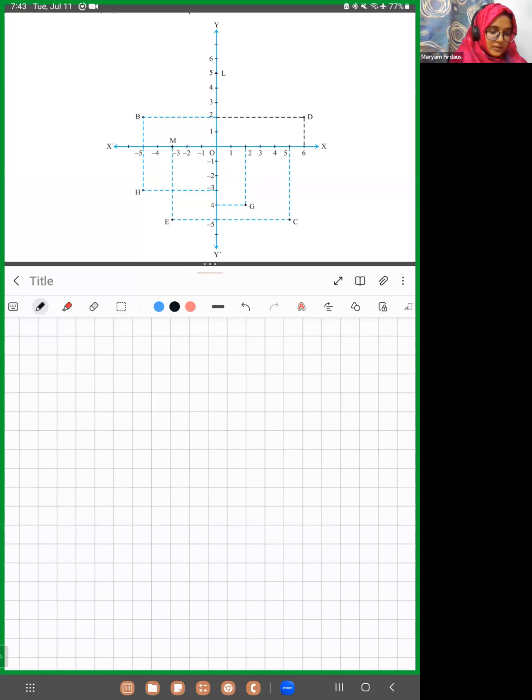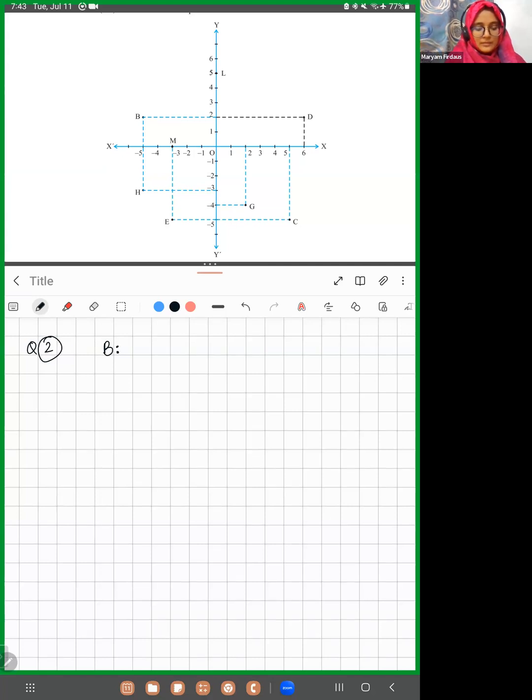Yes, ma'am. Okay, good. So we have 3 students here and we have 8 points. We start with Abdul Rahman, then Zain, then Alina. All right, let's start. The coordinates of B. Can you see the point B? Abdul Rahman, what are the coordinates of the point B?